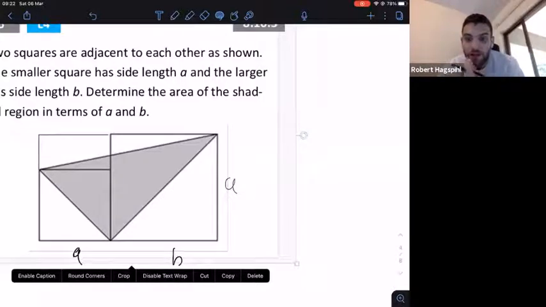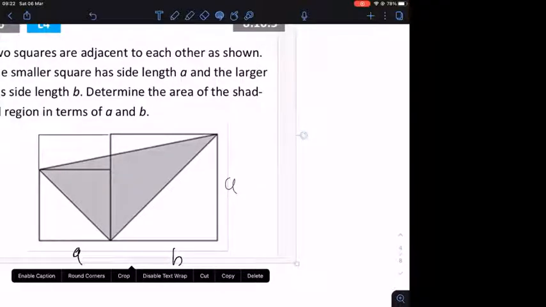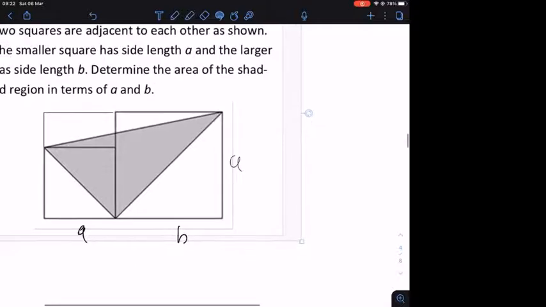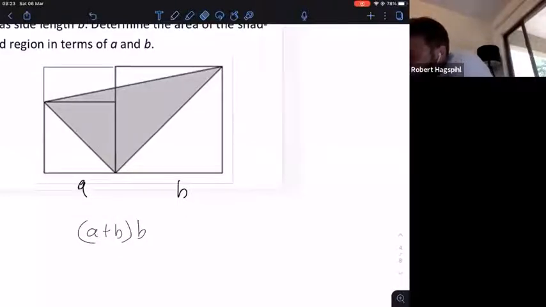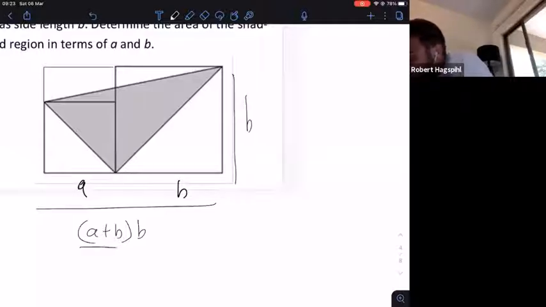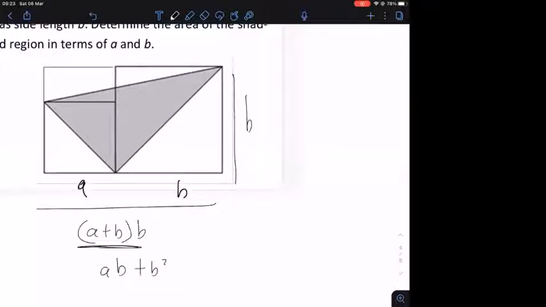Okay, Afif, are you asking a question? No. Okay. Cool. So is everybody happy that I can work out the area of the whole rectangle, which is going to be A plus B times B? So the length is A plus B, the breadth is B, and so the area of the whole rectangle is going to be AB plus B squared. Done.